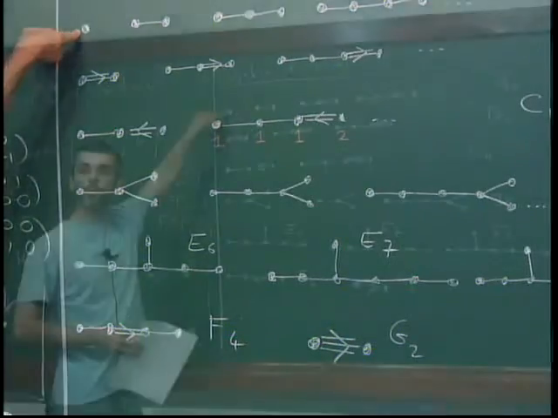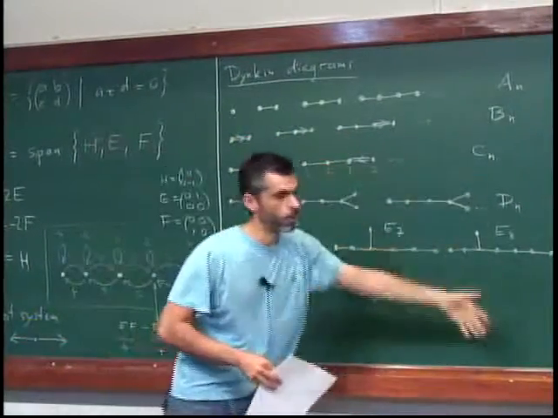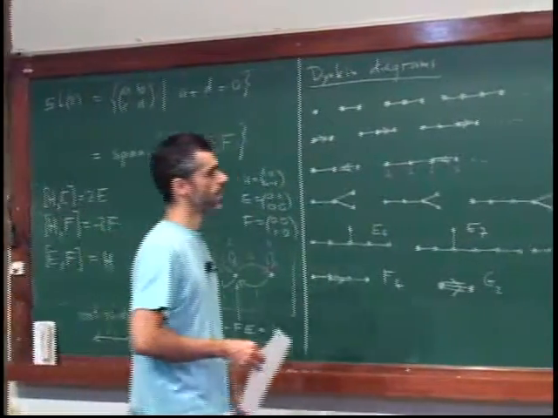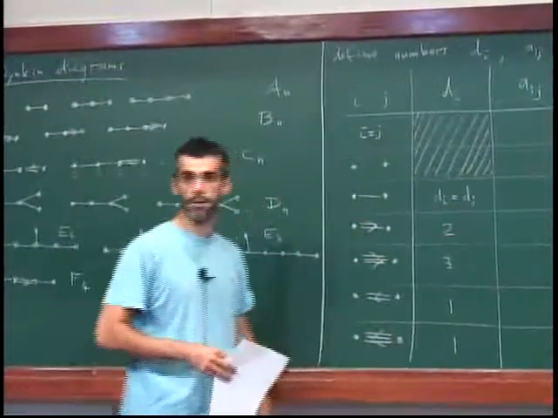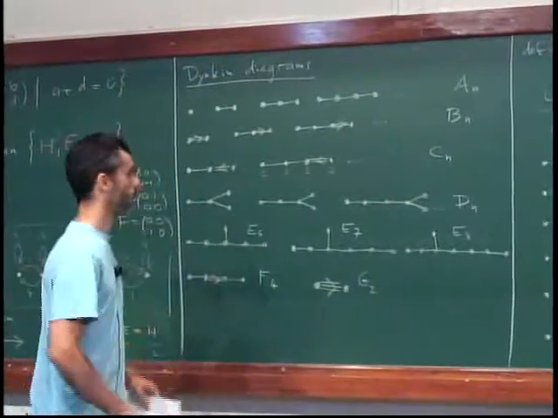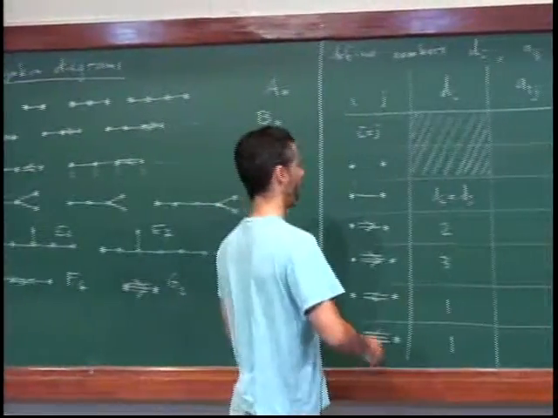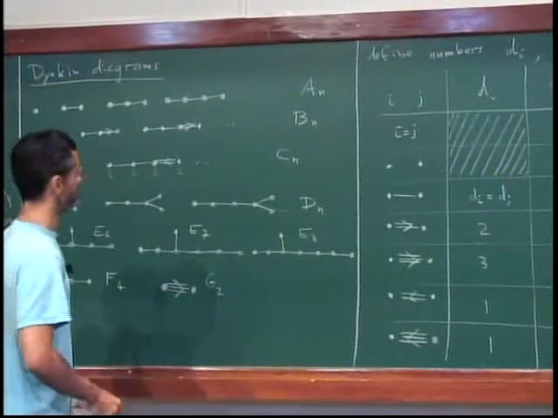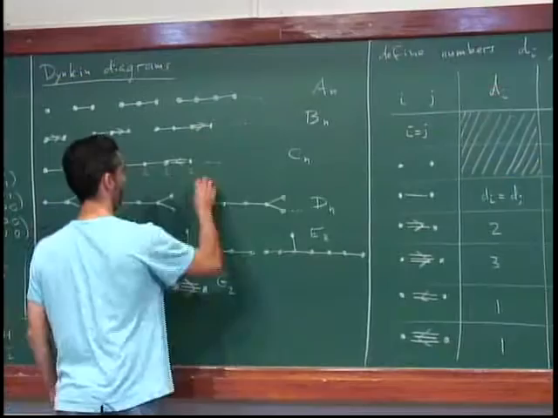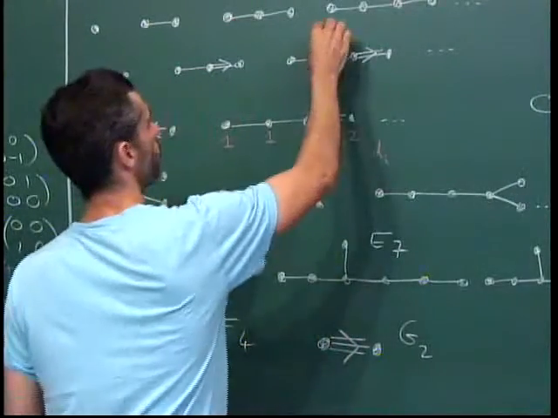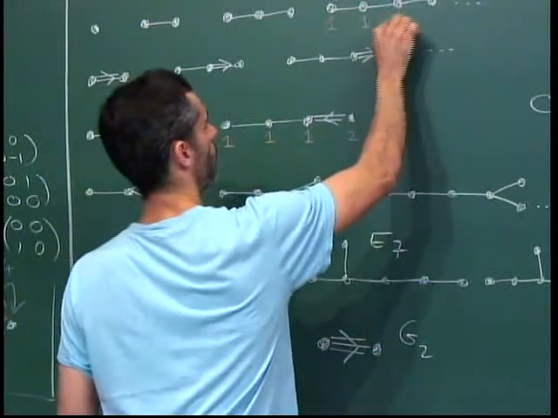When there's no multiple arrows, you might say, well, you don't know what to do. So in that case, let's say that all the di's are equal to 1. Anyways, I just draw it here as an example.